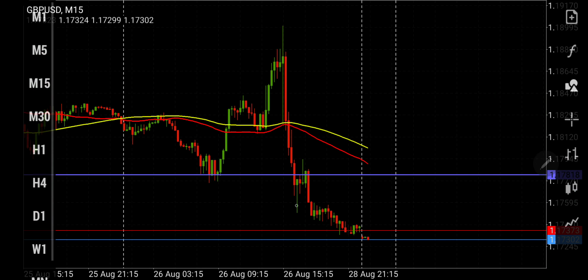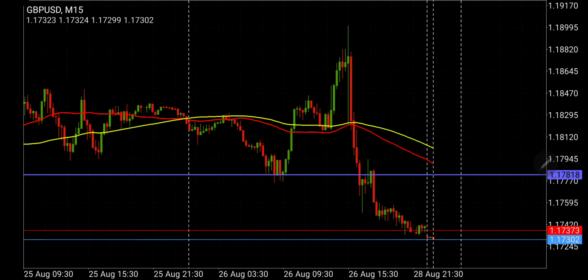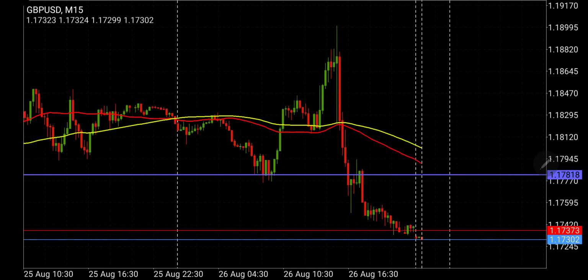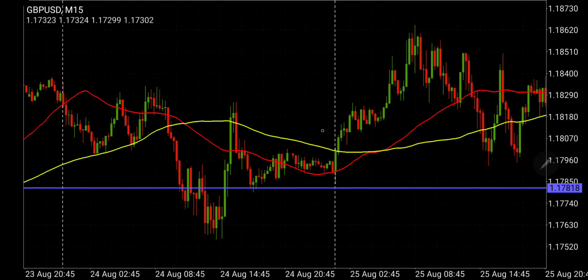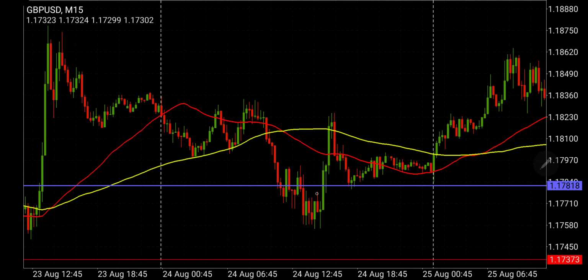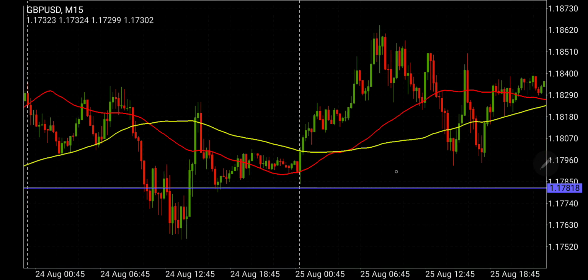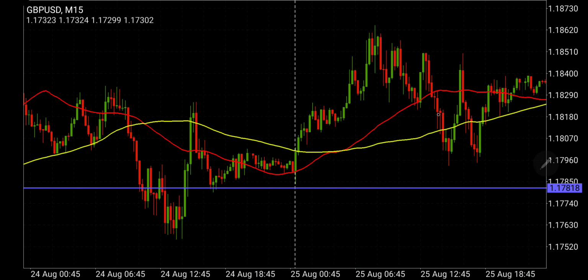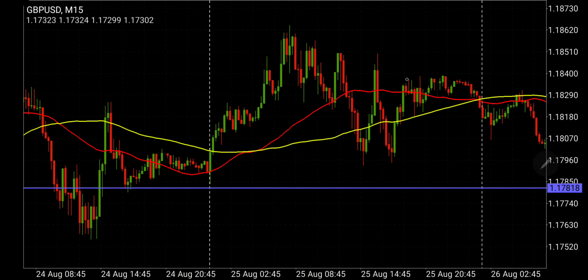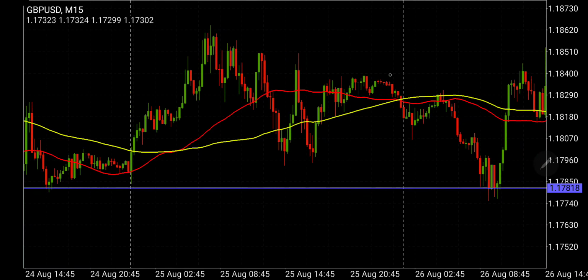I think it was this candle, I can't really remember the specific candle, but I know I got an entry somewhere, and it was this candle or this candle, and I rode it all the way up till it touched my 100 moving average. I exited the position and I was unable to take a trade on Thursday.